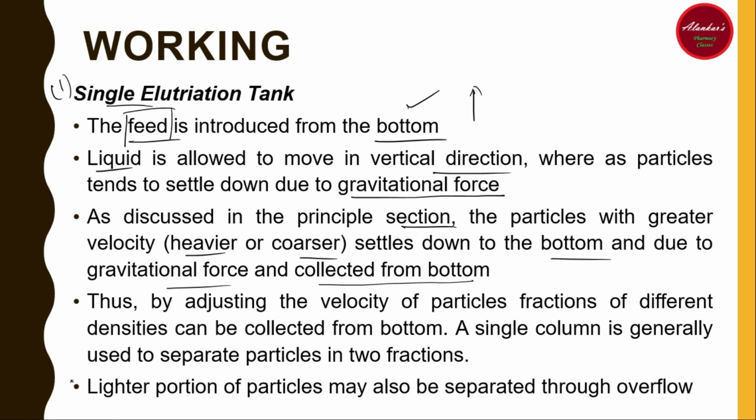And in this way, by adjusting the velocity, we can collect the particles of different densities from the bottom. In this way, a single column, that is the single elutriation tank, can be used to separate the particles in two fractions, and in general these types of elutriation tanks are used for that. The lighter portion of particles may also be separated through overflow.